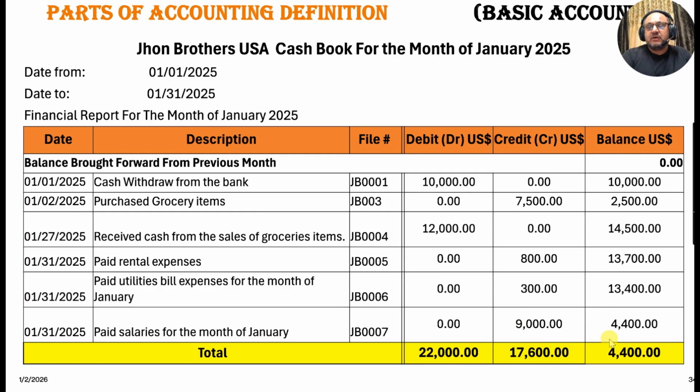As a result, our balance amount is 4,400. And in the next month of February, on the 1st of February, we have to write in here, February 1st, balance forward from the month of January. That is $4,400. That was today's teaching.